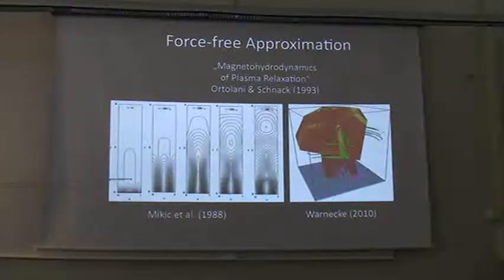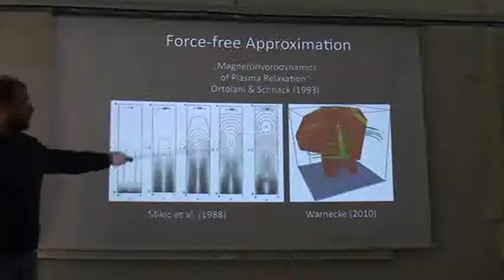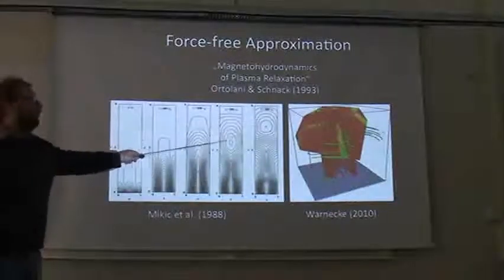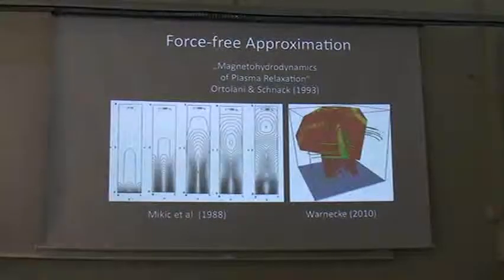So this is magnetic field lines, and you can also eject something up in the corona, which makes the force-free model also a good model for things I want to observe. There's no gravity at all here.